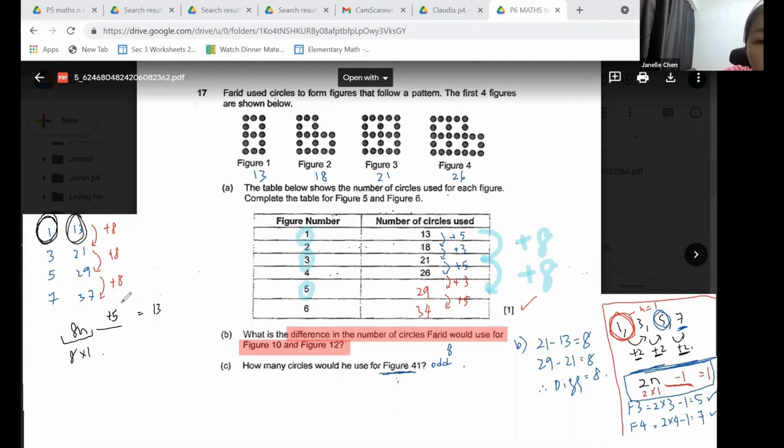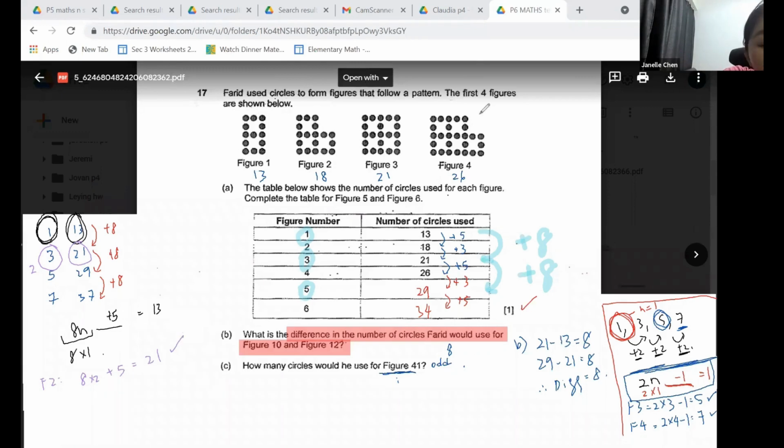So let's try the second pattern, this one and this one. I'll call this figure number 2 even though it's figure number 3, because in my new alignment, it is figure number 2. So in figure number 2, I'll have 8 times 2 plus 5, and I do get 21.